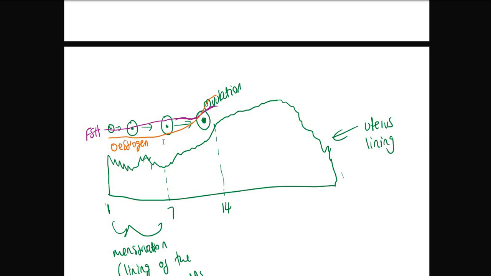What is producing the estrogen is the follicles. It is being produced as the graphene follicle develops. So know that estrogen is produced by the graphene follicle as it develops.